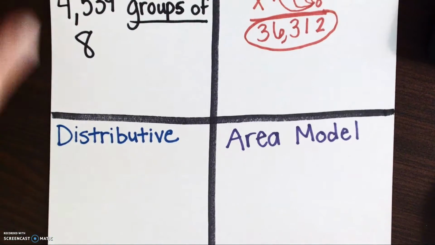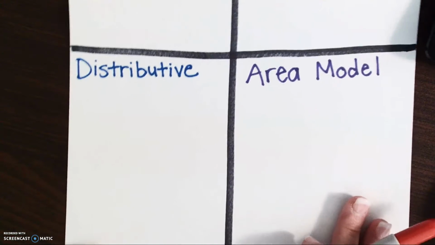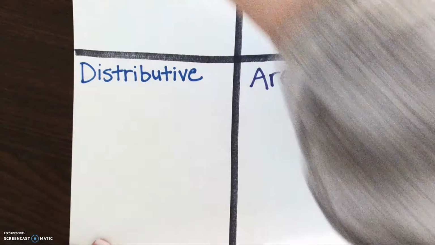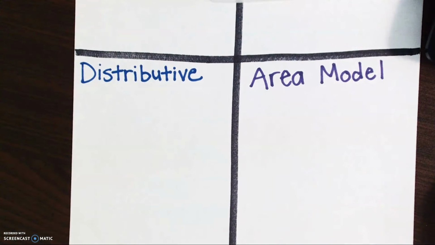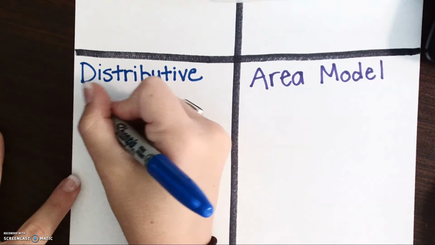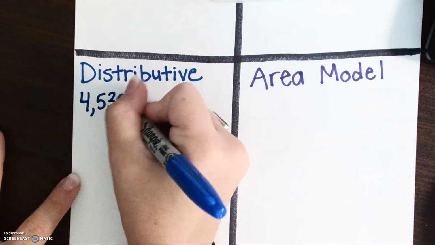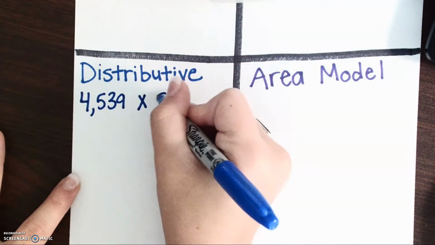Alright? Now we are going to move down to the distributive property way of multiplying. Hold on one second. Let me switch out my markers. Alright, we're going to use those same numbers. 4,539 times 8.